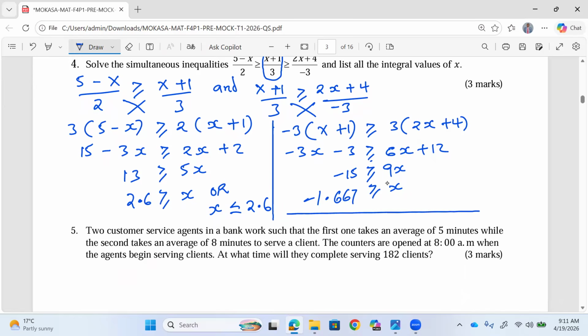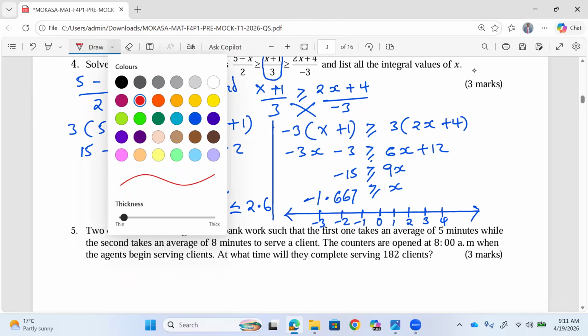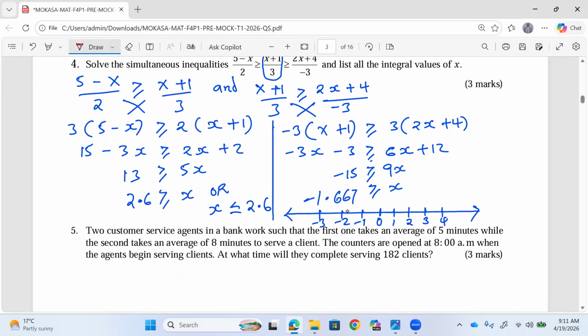Therefore, on a simple number line, here is 0, and this is 1, 2, 3, 4, then negative 1, negative 2, negative 3. You're supposed to know that values of x start somewhere here at negative 1.6 inclusive, up to 2.6, also inclusive. The integral values are in between there.